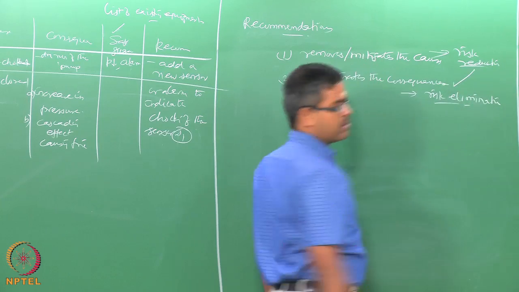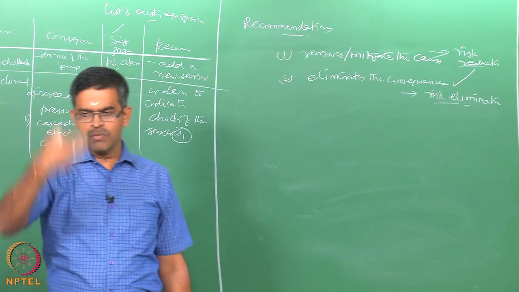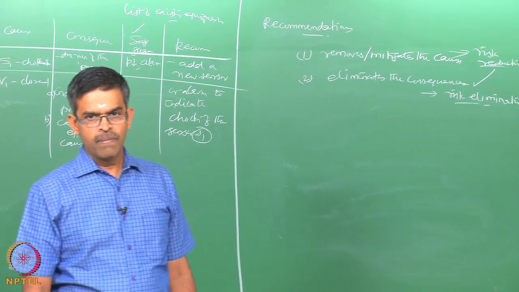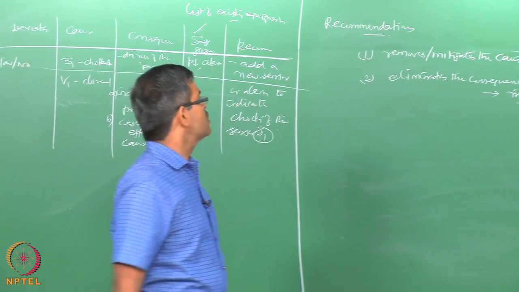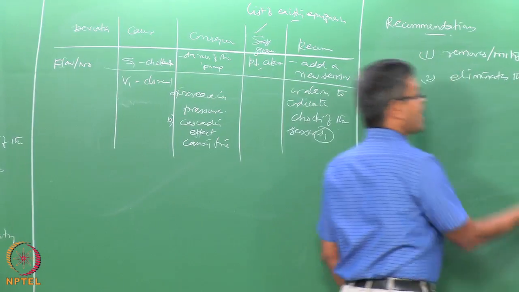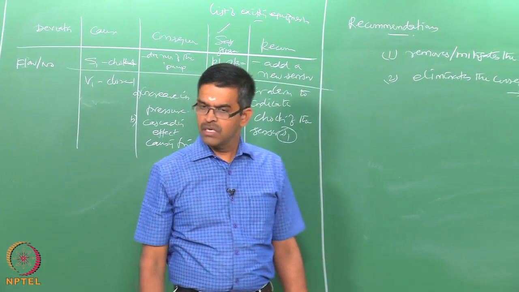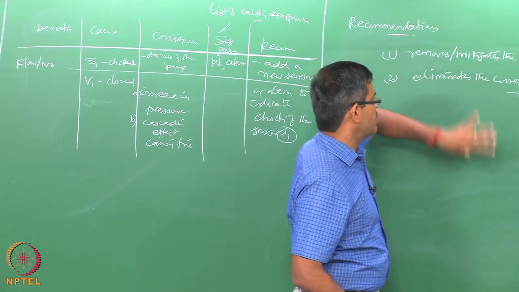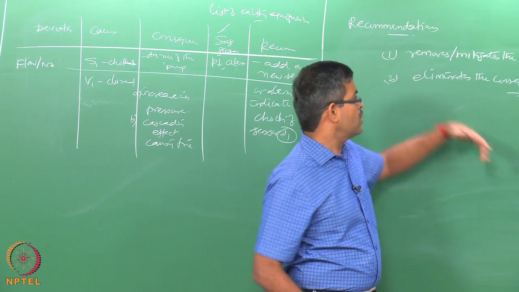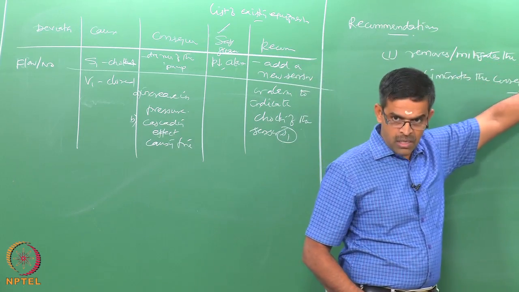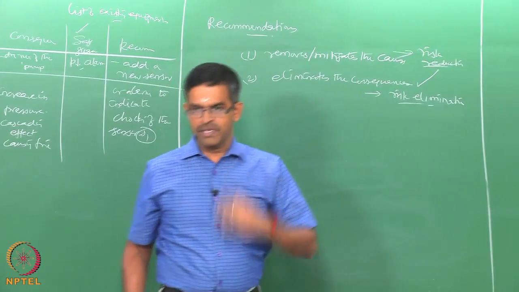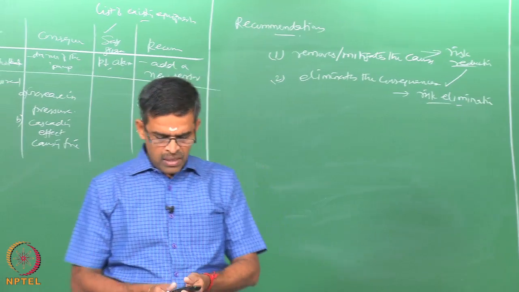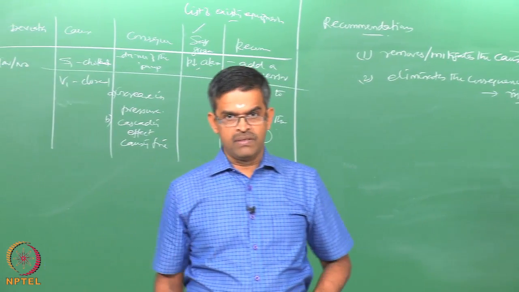Accordingly, you must lay down your recommendations, but you cannot always switch to only one line; you can have both sets of recommendations in the given report. Some of the recommendations may address the cause, some may address the consequences, and therefore a few will lead to risk reduction and a few will lead to risk elimination, because risk and hazard are anyway combined as a coupled effect.